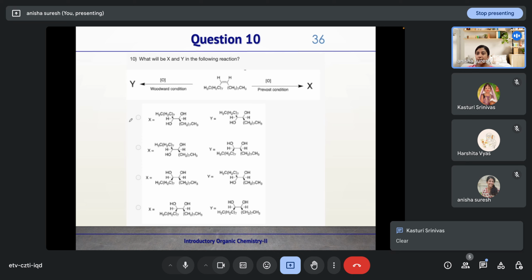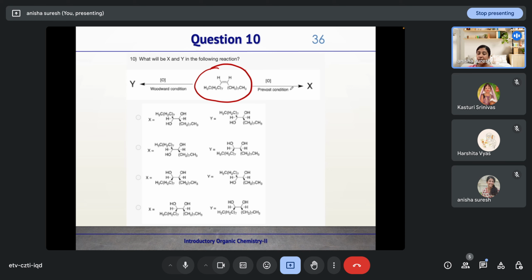Now coming to question number 10. What will be X and Y in the following reaction? So here we are given an alkene and it is subjected to Prevost condition. Prevost and Woodward are dihydroxylation reactions.